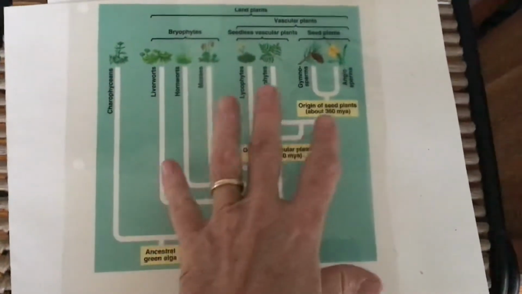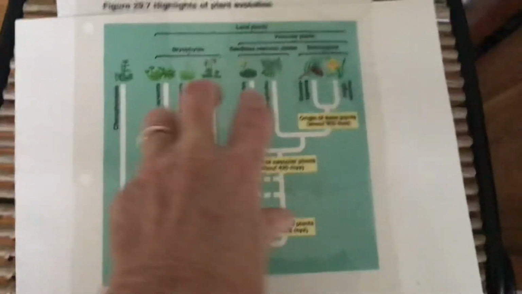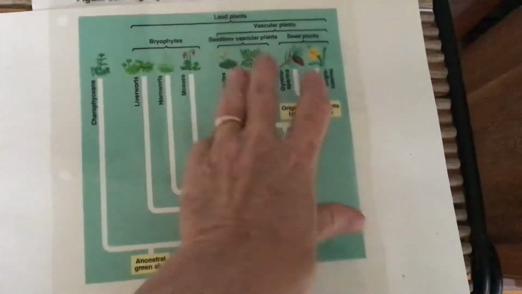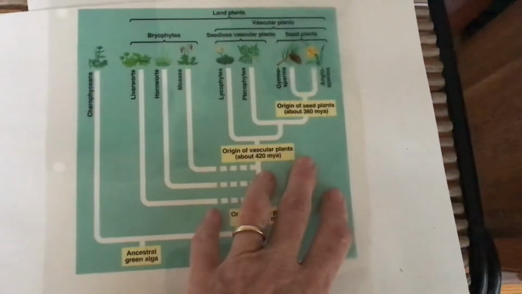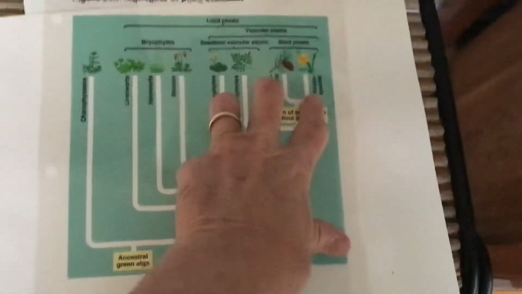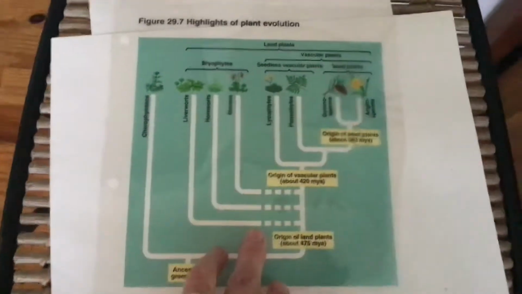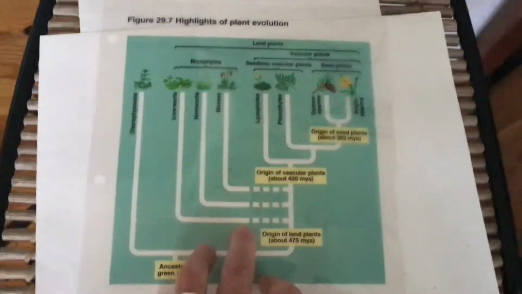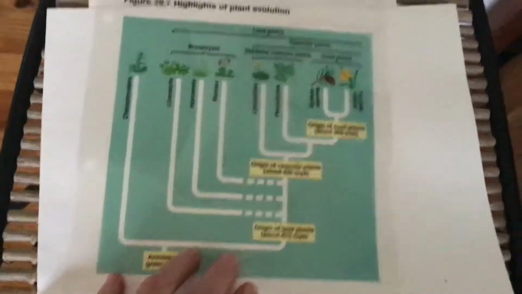And then everything else are land plants. So that's all of these guys. These are the non-vascular plants, and these are all the vascular plants, seedless and seeded, all right? And then you can see we have gymnosperms and angiosperms. So that's just another way of looking at it. You should become familiar with all the different ways of looking at these kinds of diagrams, because otherwise it'll be confusing to you.